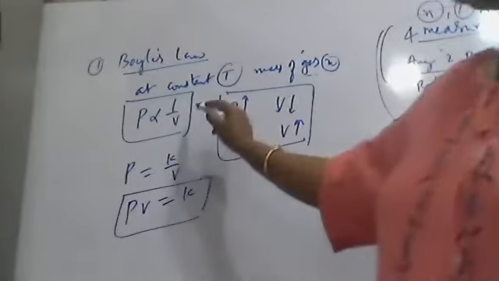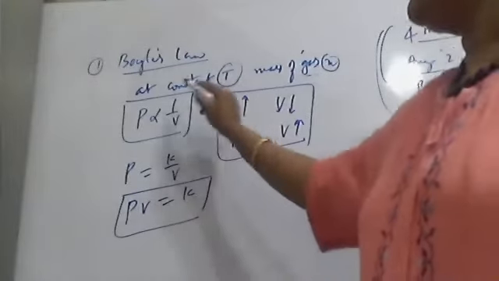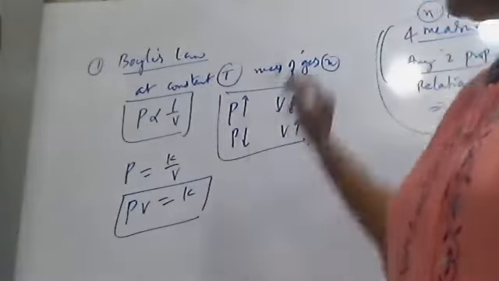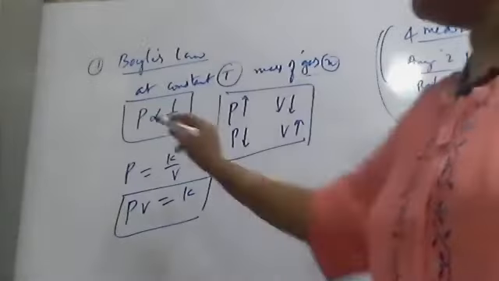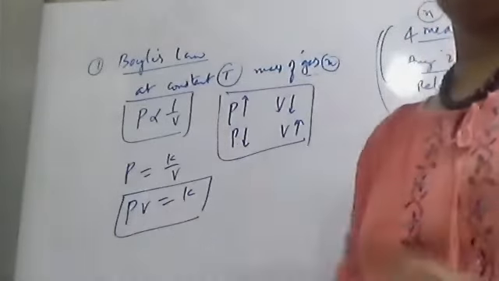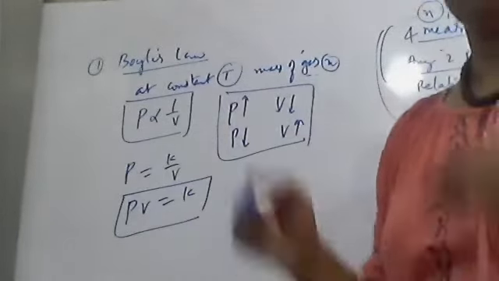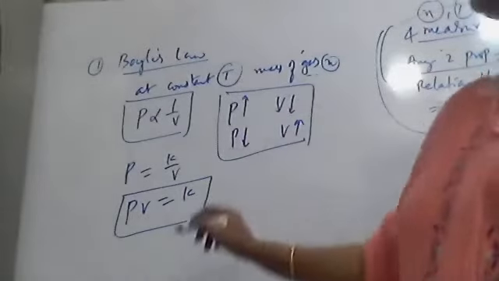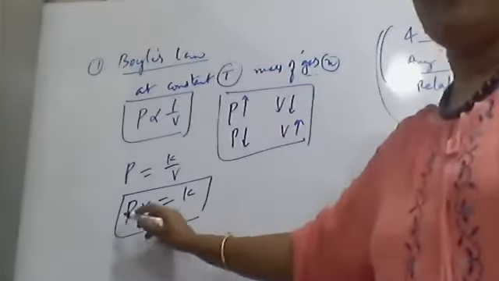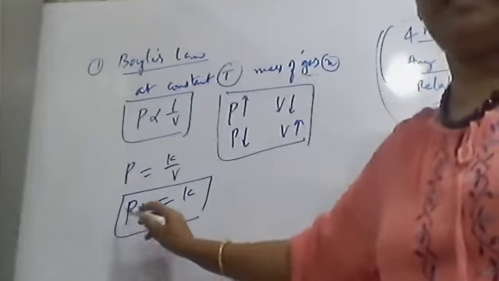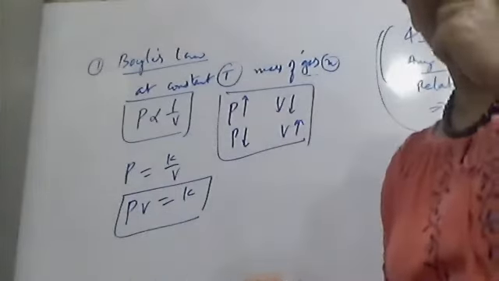Previously, how did we define it? At a constant temperature for a given mass of gas, the pressure and volume of the gas are inversely proportional to each other. At the same time, you can define it as the product of pressure and volume. PV means pressure and volume multiplied.